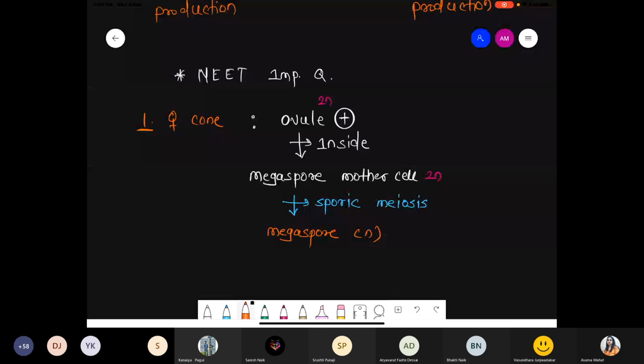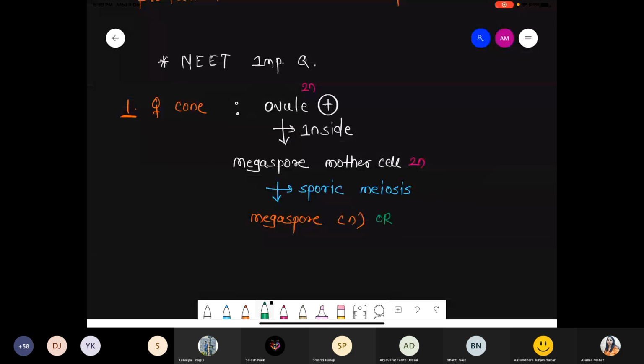This megaspore, different name, is also called the female gametophyte. And you know very well, whenever we are talking about the female gametophyte, again the ploidy level, these are haploid in nature, right?